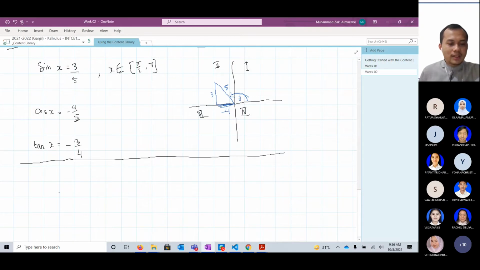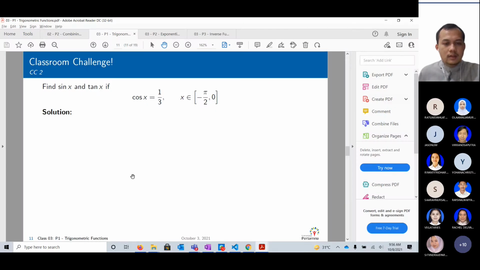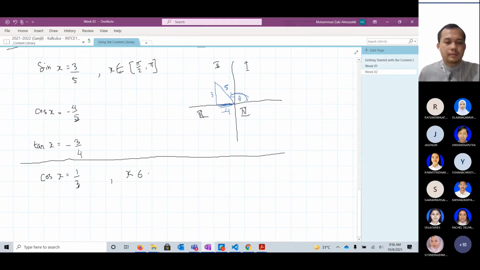Now we have cosine of x equals 1/3, and x is in -pi/2 up to 0. What is the value of sine of x, and what is the value of tangent of x?